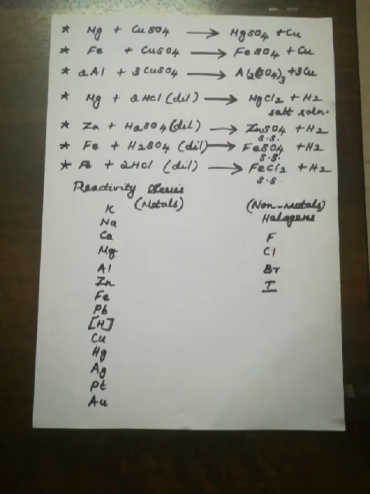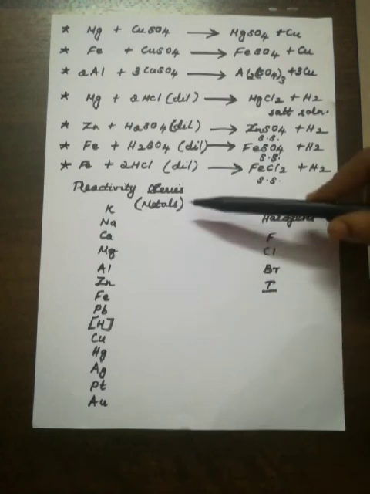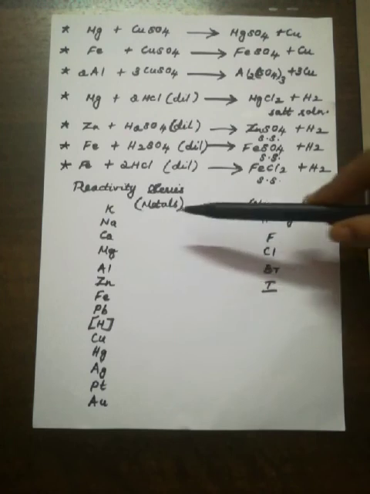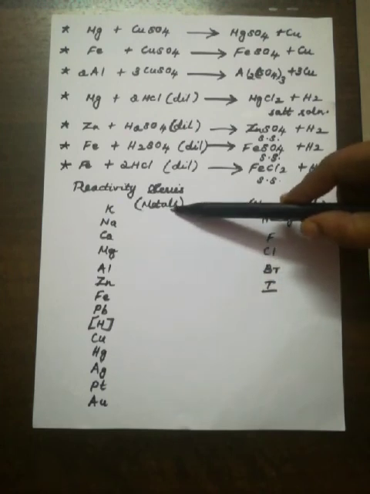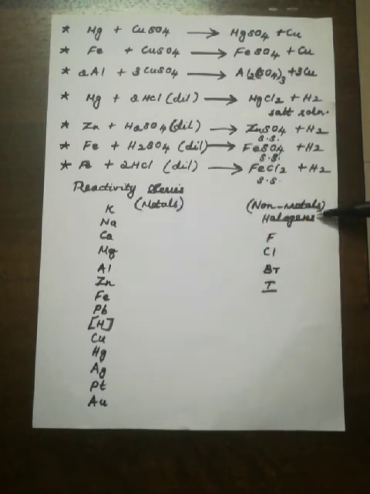So we have seen in today's class 2 types of reaction. The other 2 we'll see in the next video. One we have seen is the synthesis reaction. The other name for synthesis is direct combination. That means only one product you are going to get. But in the case of simple displacement or substitution reaction, we have seen 2 series. One is the reactivity series with metals, and the other is a new thing which you are learning this year, with non-metals, that is with halogens, fluorine to iodine.